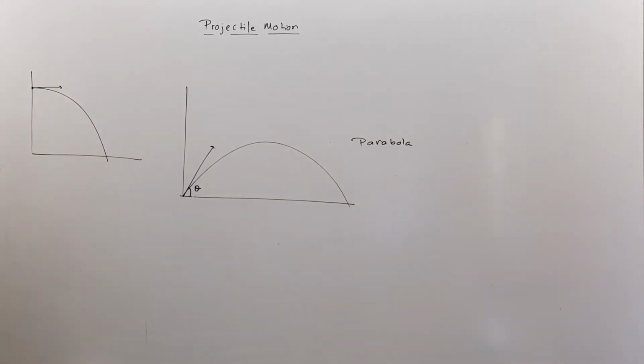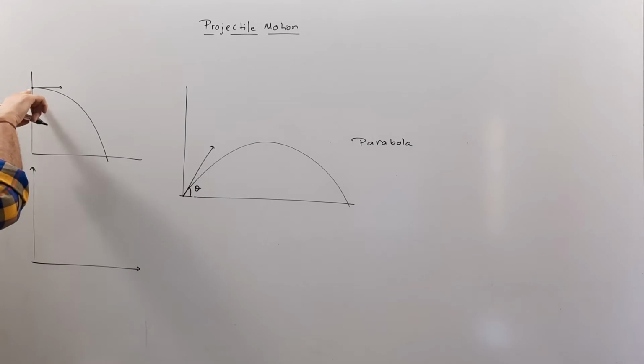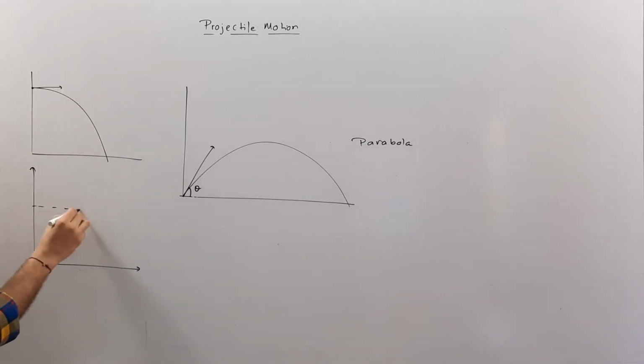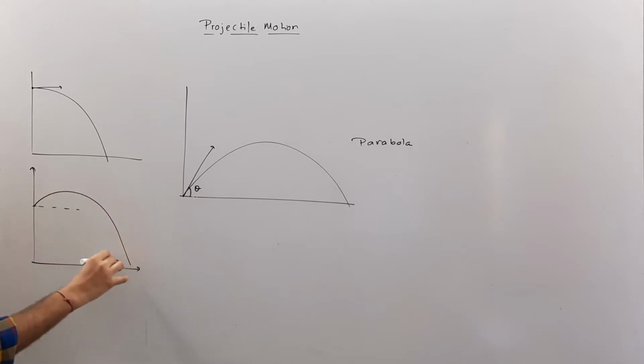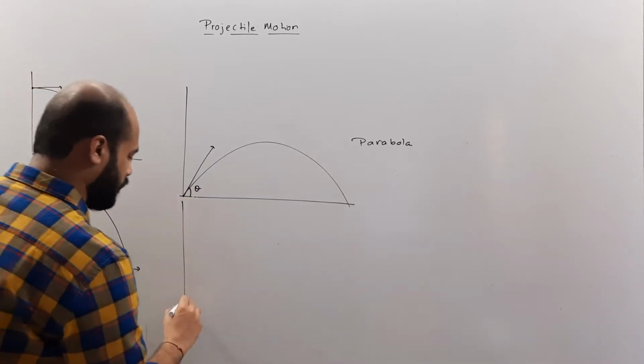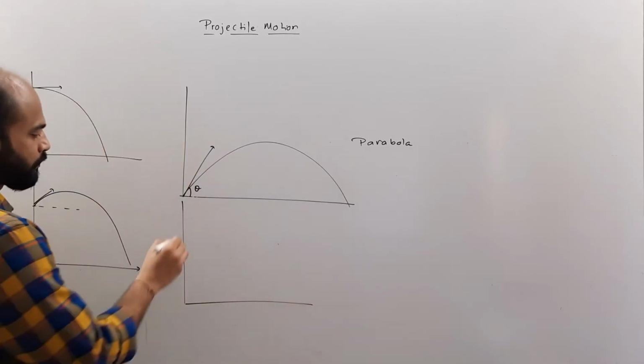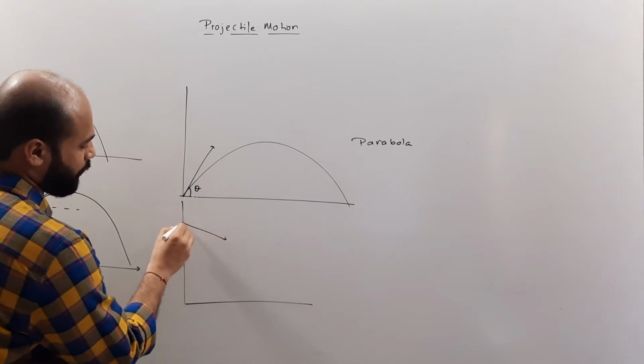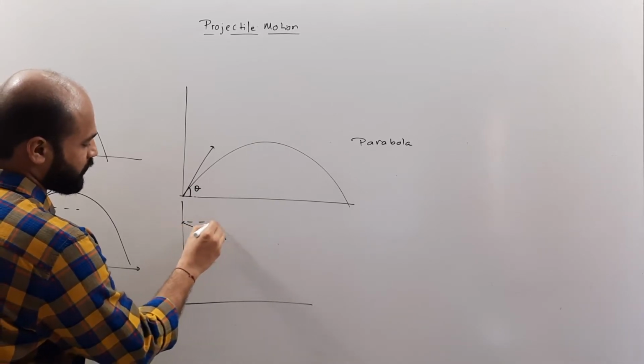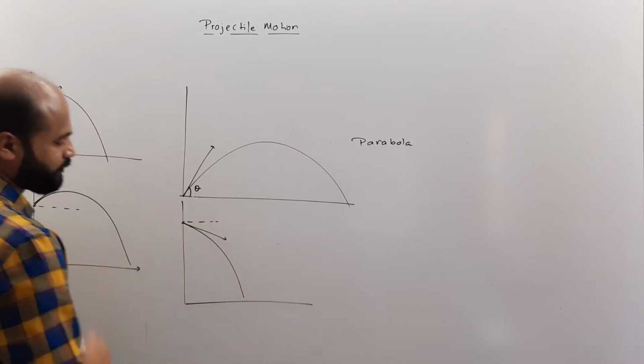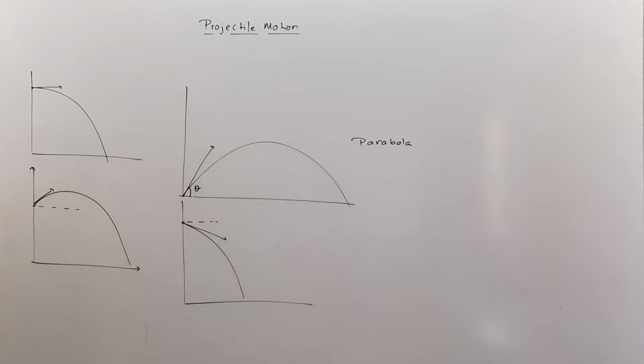Or else, if it is projected at some angle, then if this is the horizontal, it can be projected at this angle and it can fall like this. So this is one way, or else the third one can be when it is projected at some other angle. This is the horizontal, of course, so it is projected like this. This also can be another one.